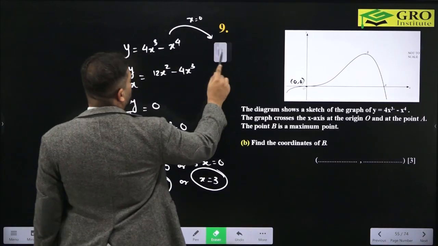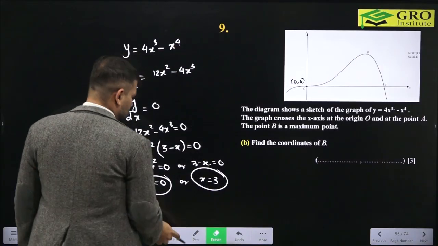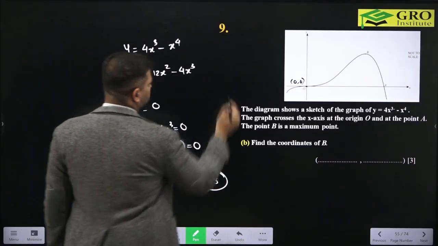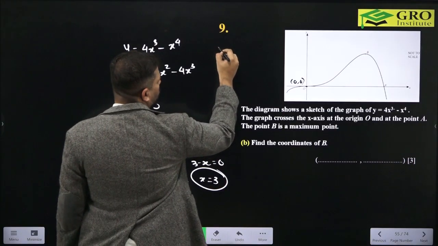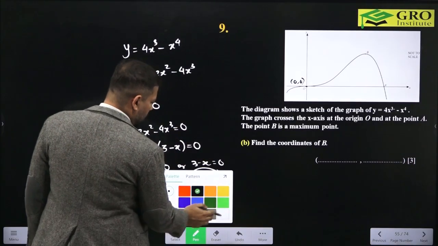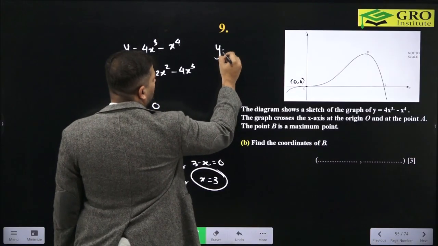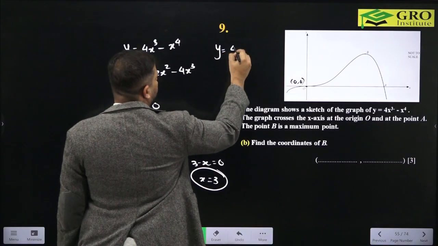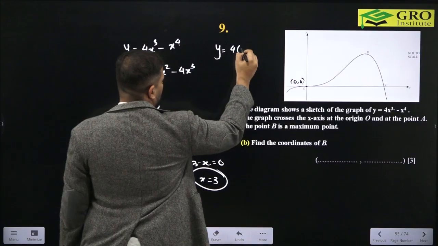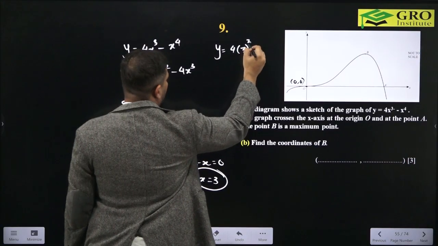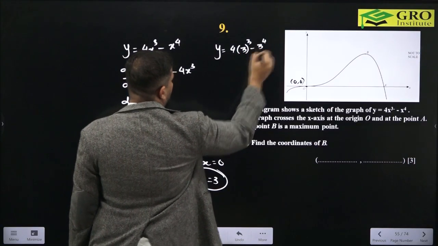So if I do so, what are we going to get? Let us check for x equals 3. So if I put x equals 3, I'll get the value of y. x equals 3 means 4 times 3 cube minus 3 raised to power 4.